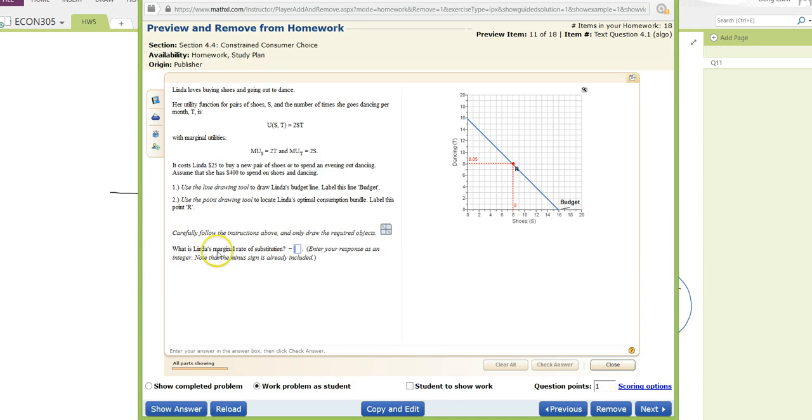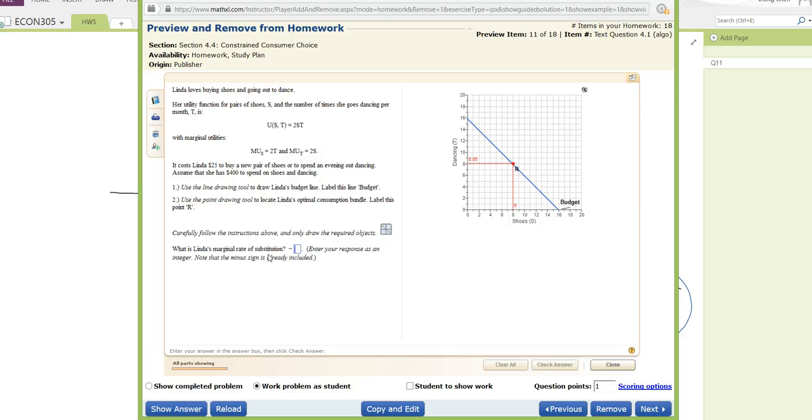And the second part: what is Linda's marginal rate of substitution? This refers to the marginal rate of substitution between shoes and dancing at the optimal consumption bundle.